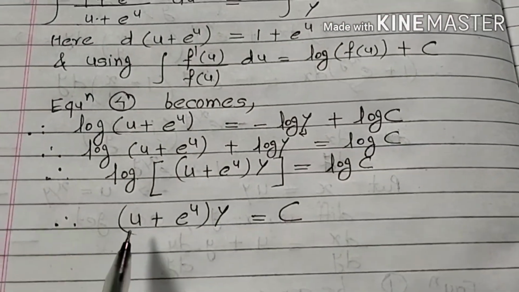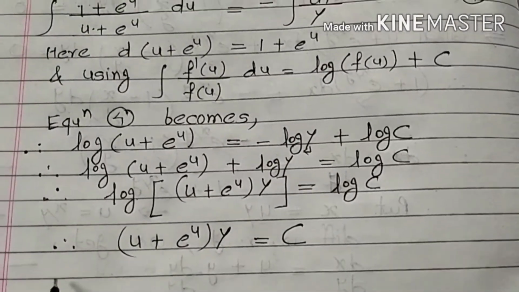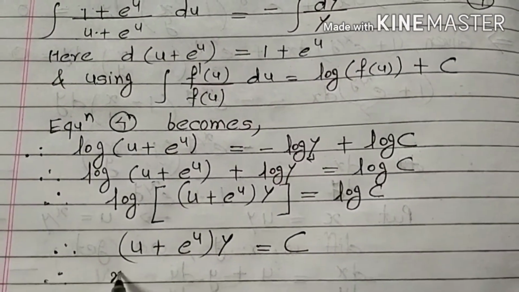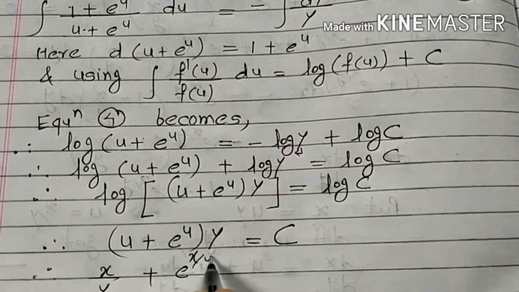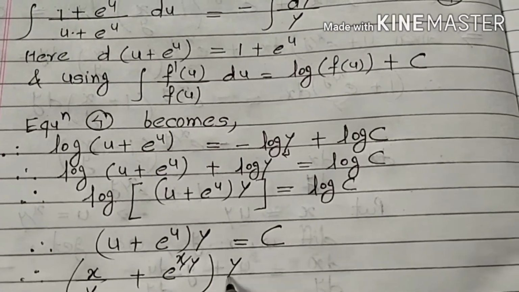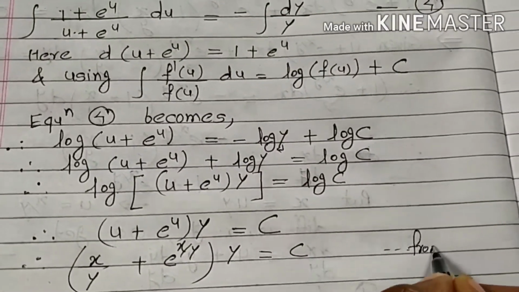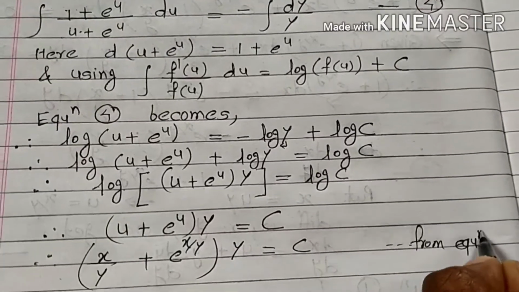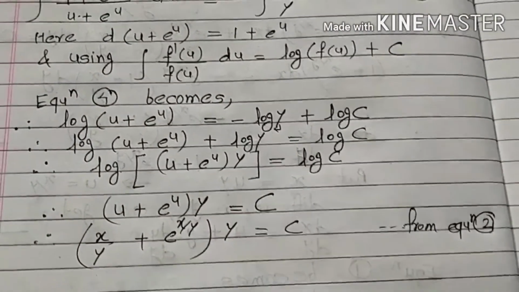So now from equation 2, put the value of u. The value of u is x upon y. So x upon y plus e raised to x upon y. This y term is as it is, from equation 2. Okay. Now multiply this term by y.